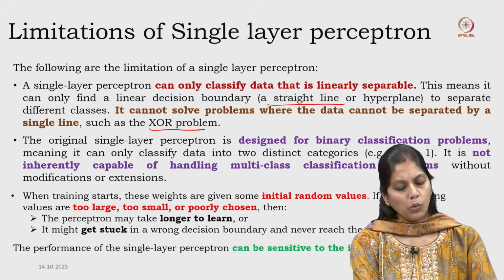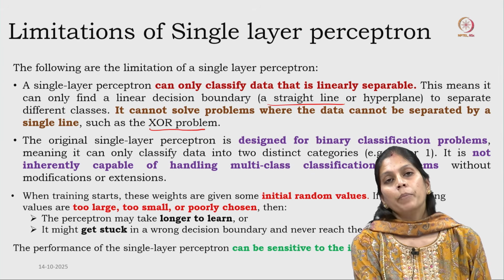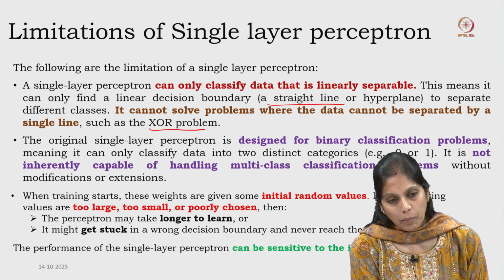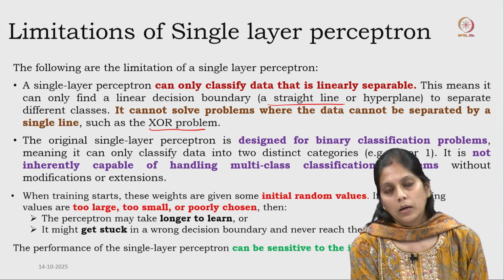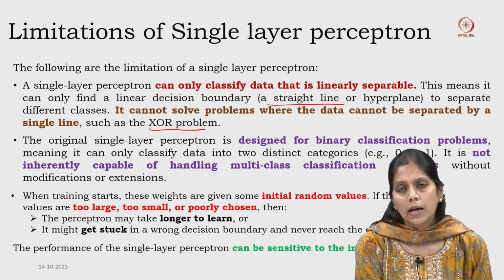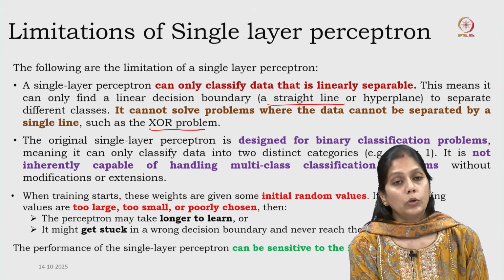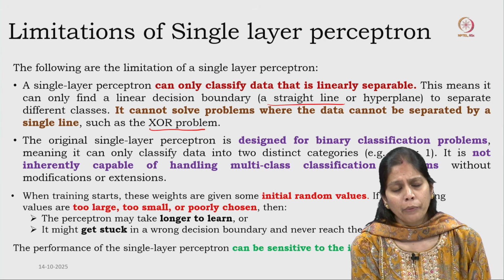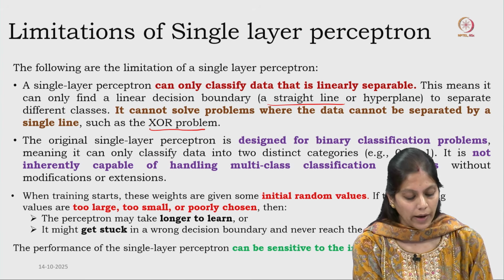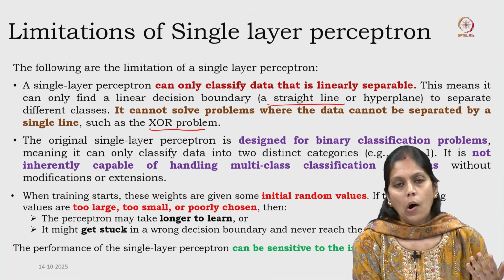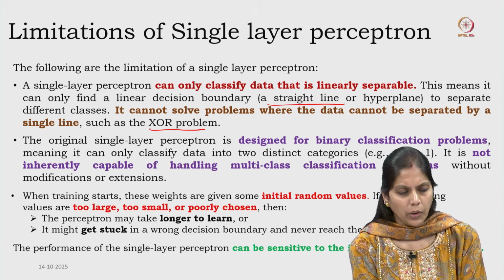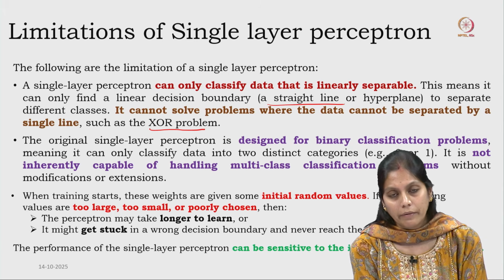And the third and the most important one is, you have seen from both the problems that we have solved using a single layer perceptron, we had assumed the weights. So, what if the initial assumed weights are too large, or too small, or you have not properly chosen the weights?